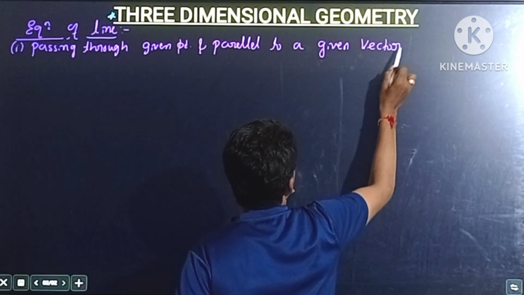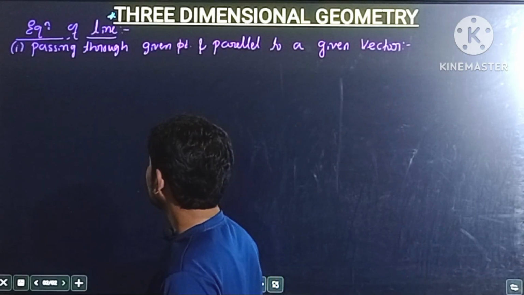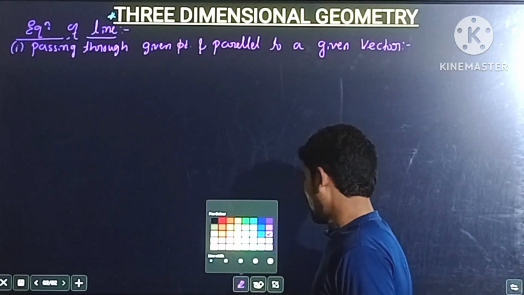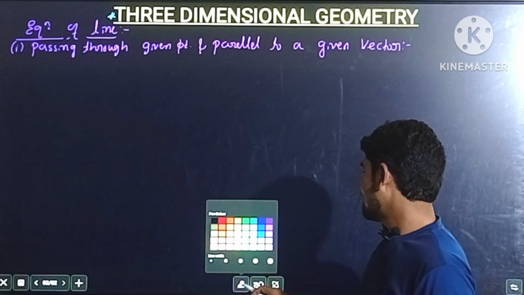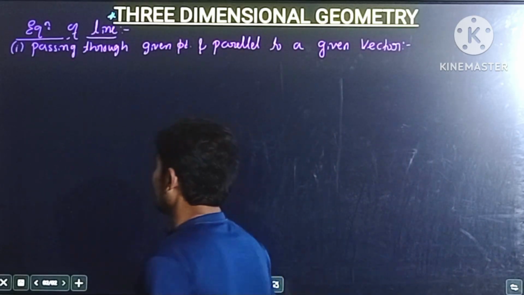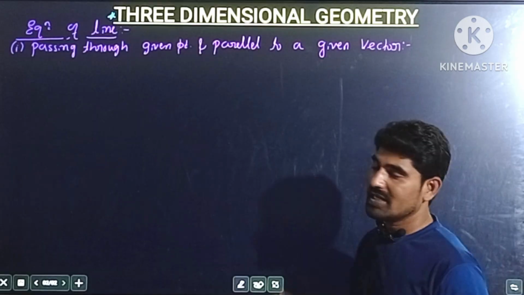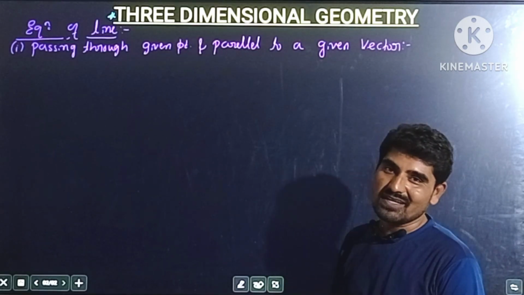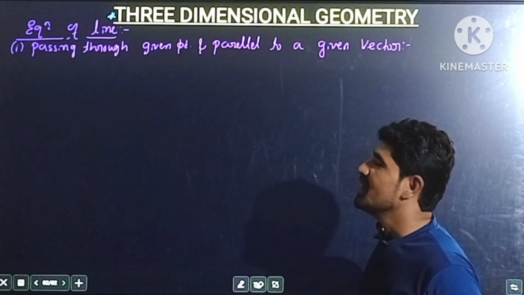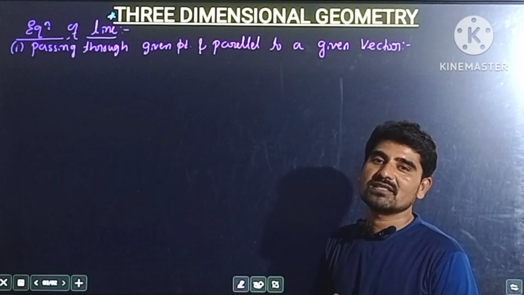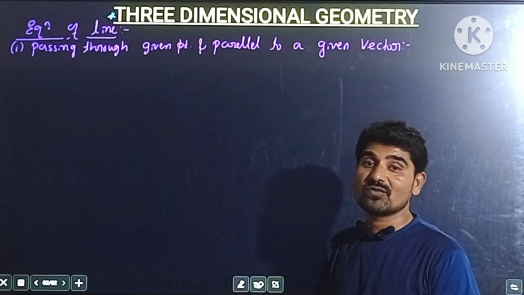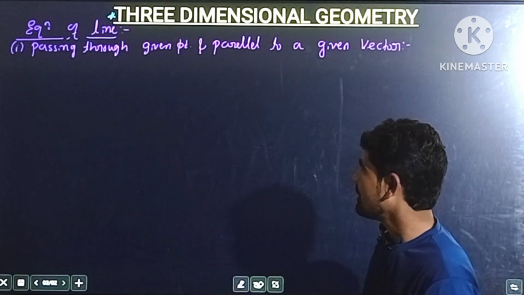So we need to identify the equation of line which passes through one point and is parallel to a vector. We need to write the equation of this line in vector form as well as in Cartesian form. Vector form means the equation involving the vectors, and Cartesian form means the equation involving Cartesian coordinates x, y and z.